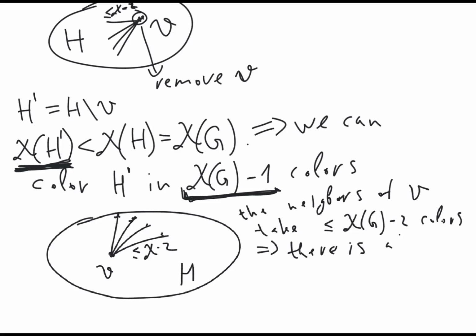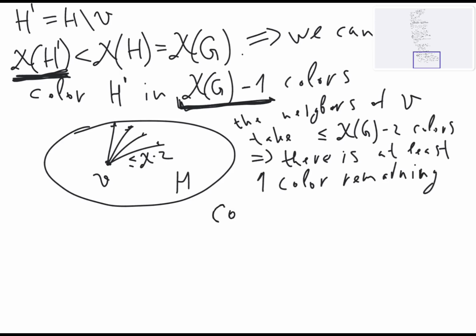There is at least one color remaining, like in the total number of colors, and we color v with this color.